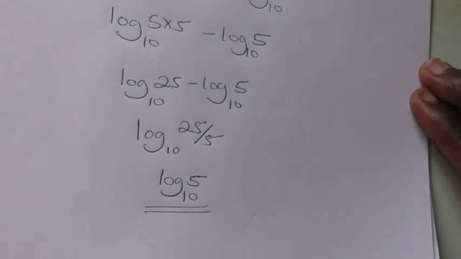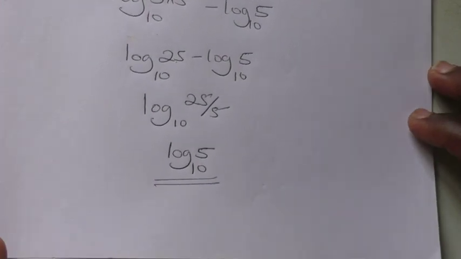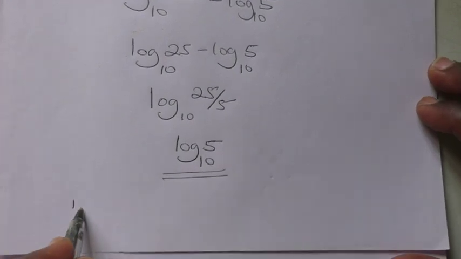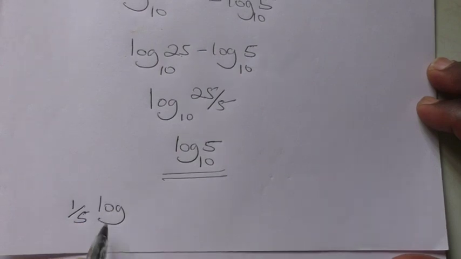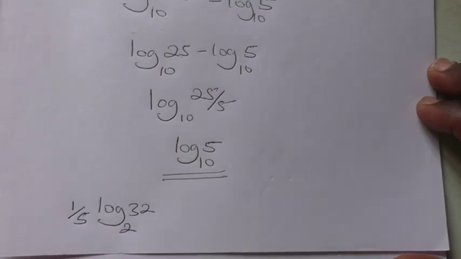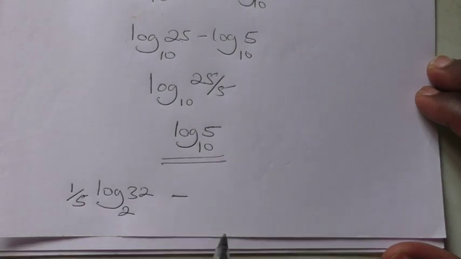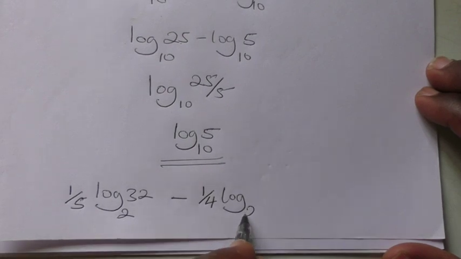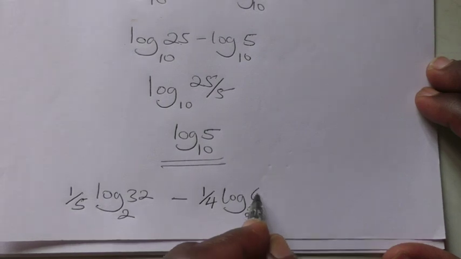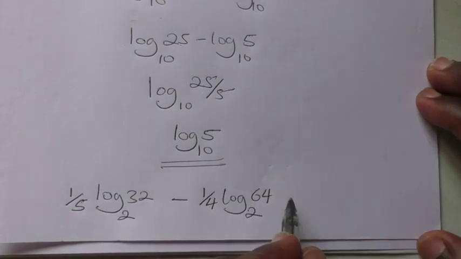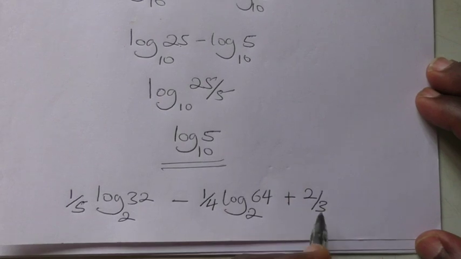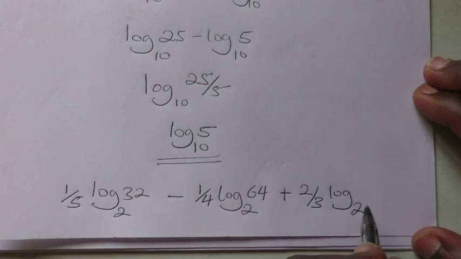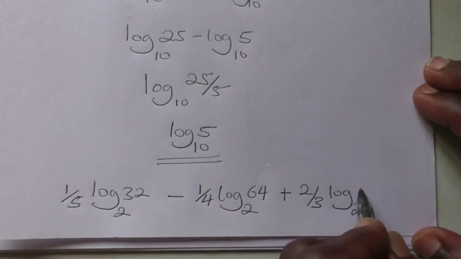So on the same, I'll leave you with one number to try out, and that will be 1/5 log 35 base 2 minus 1/4 of log 2 power 64 plus 2/3 log base 2 power 4.